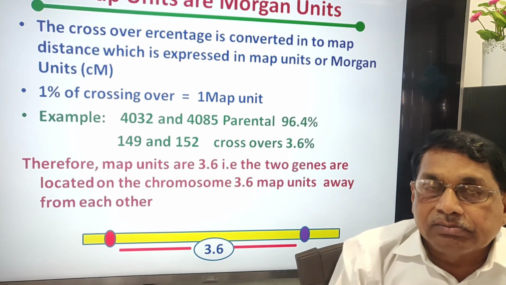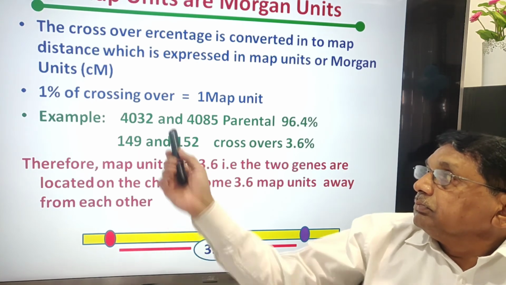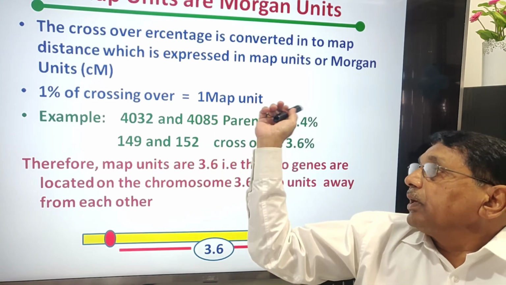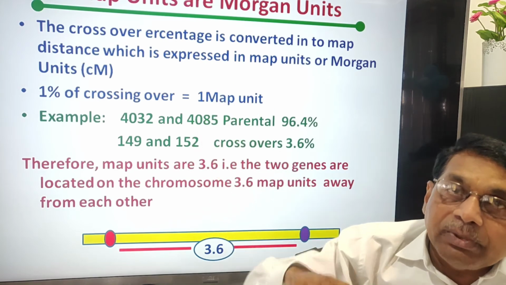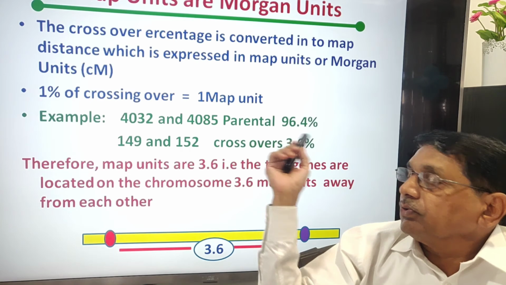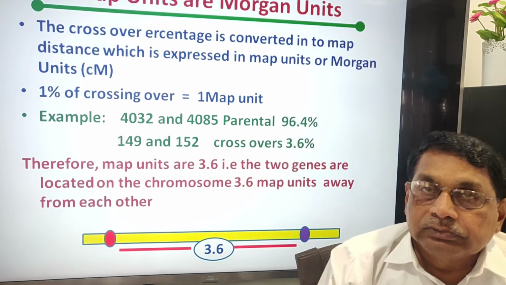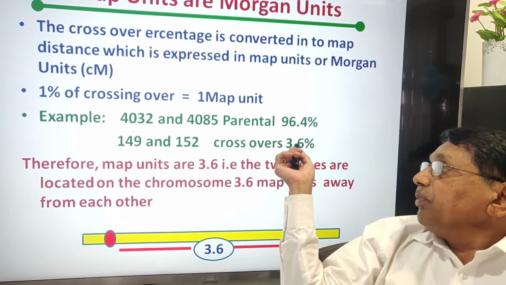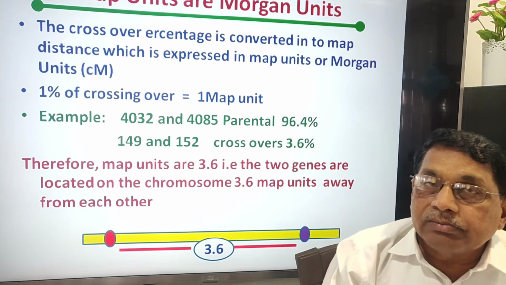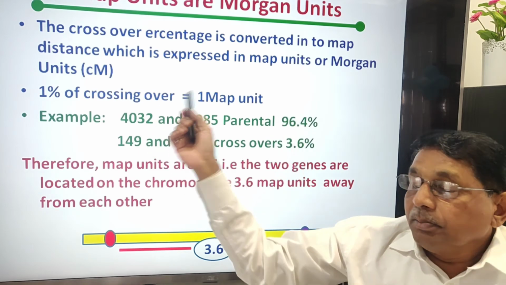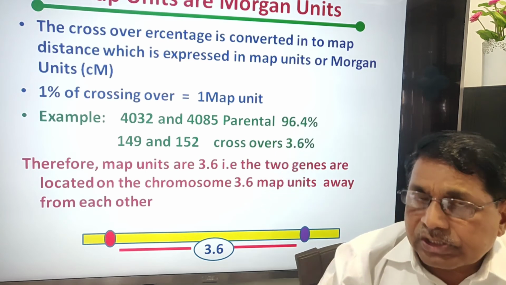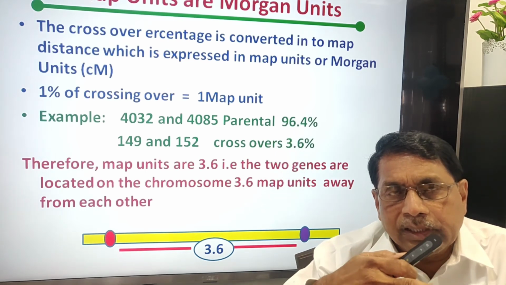In a cross, 4032 and 4085 are parental, but recombinations are 149 and 152 crossovers. So this works out to 3.6% of the total count of the F2 generation, and 96.4% are just like the parents. 3.6% is where the two parental characters mixed.